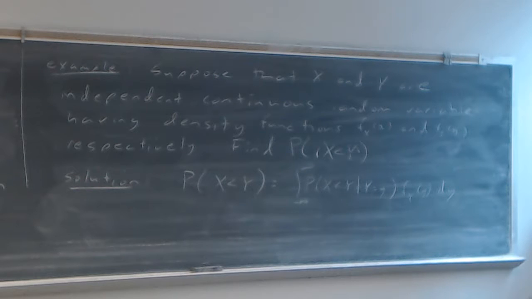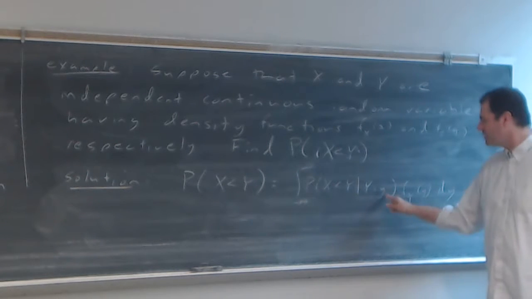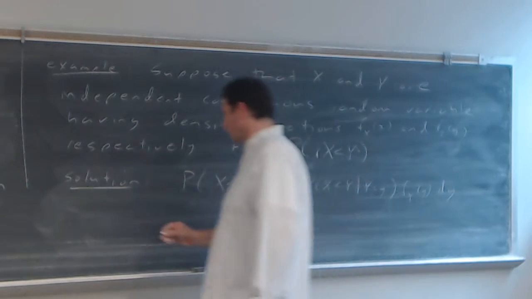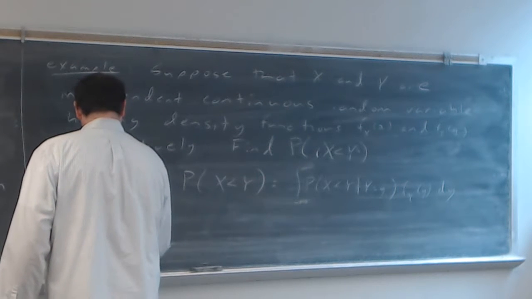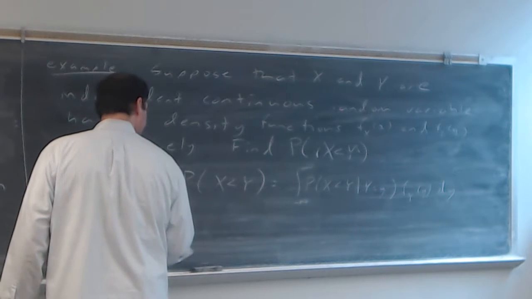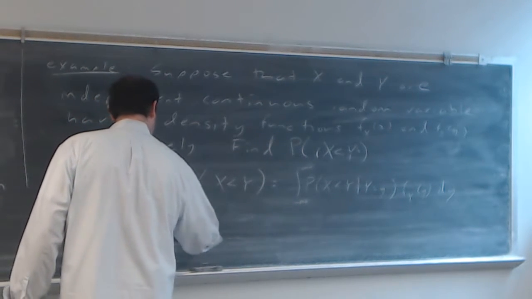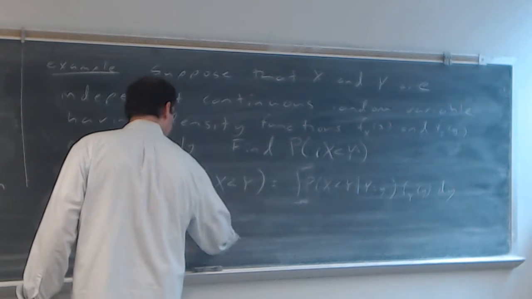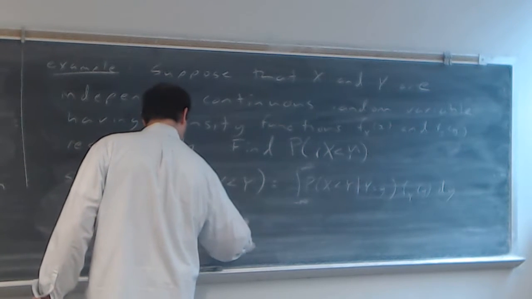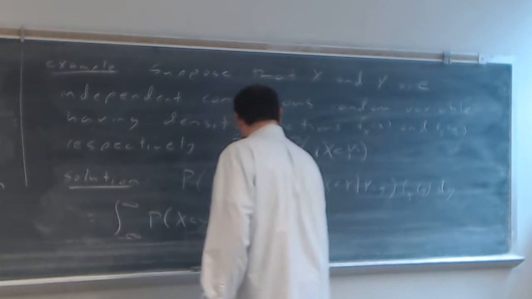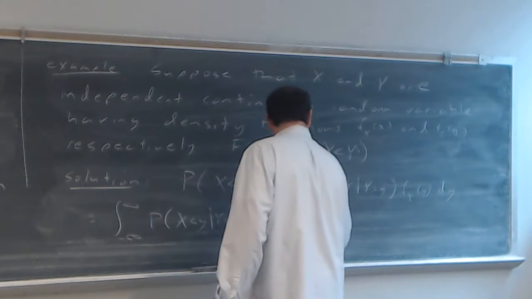Okay. Now, the next thing is that we're given that Y is equal to little y, so I'm going to say this is the same thing as the integral from minus infinity to infinity of the probability that X is less than little y, given Y is equal to little y, f sub Y of y dy.